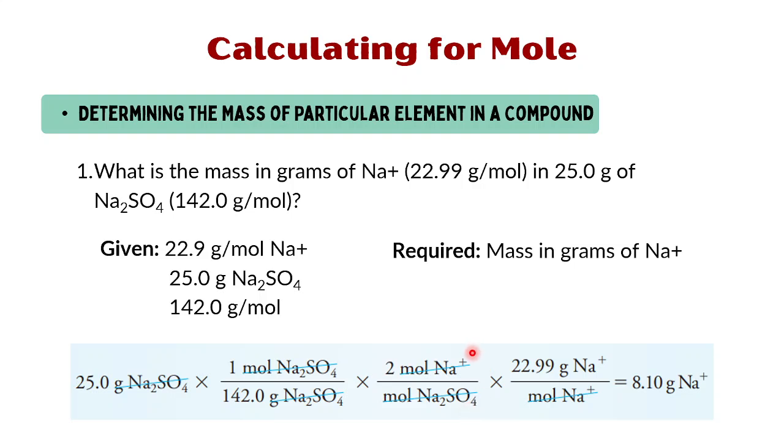But since we are asked to determine the mass in grams of sodium, we need to add another step. So in this case, the grams of sodium sulfate are cancelled out, and the mole of sodium sulfate is cancelled out. And what's left now is the mole of sodium.